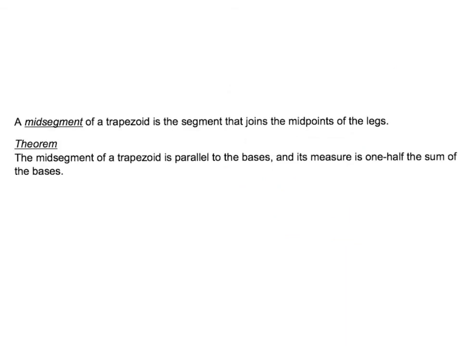The last thing we have to talk about with trapezoids would be considered the midsegment. Now, we've talked about midsegments for triangles in the past, and a midsegment for a trapezoid is along the same lines. If you're dealing with a trapezoid, which I will go ahead and draw out for you here as best as possible, here's my trapezoid. If we're talking about the midsegment of the trapezoid, it is going to join the midpoints of the legs.